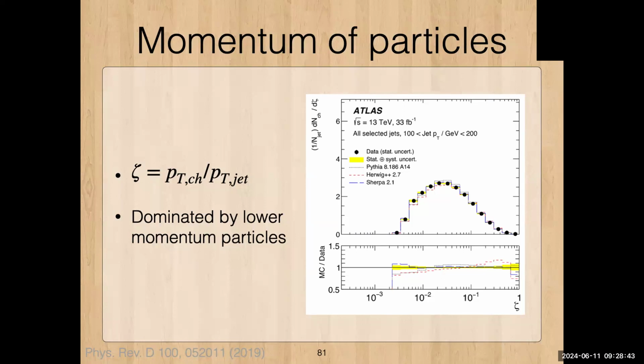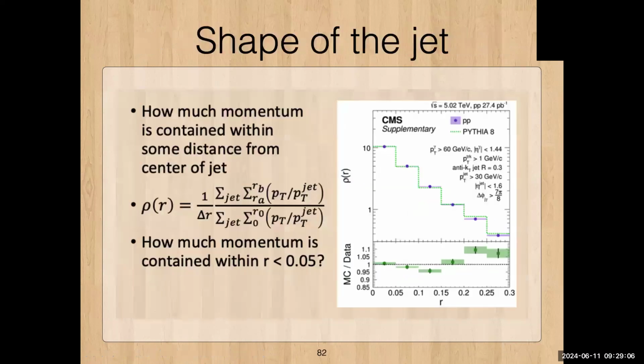The peak is at a few percent, and the majority is less than 10% or so. So this tells us that we have a lot of soft particles carrying percent-level energy of the jet. Okay, and this is in line with what we expect from the theory side. So it's all good.